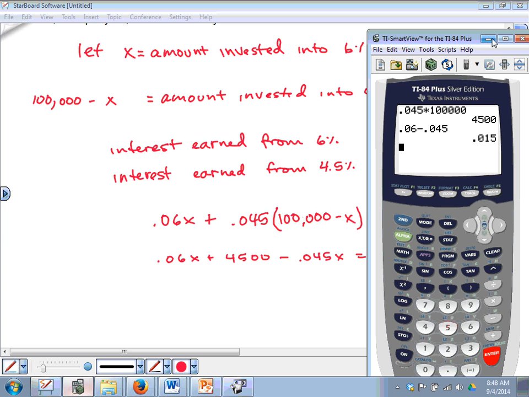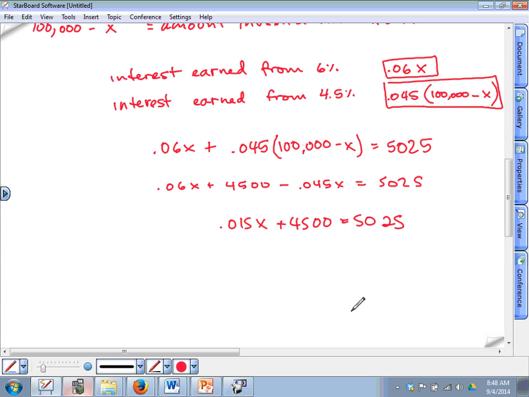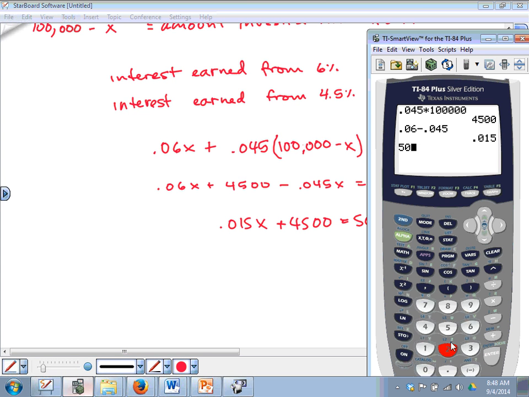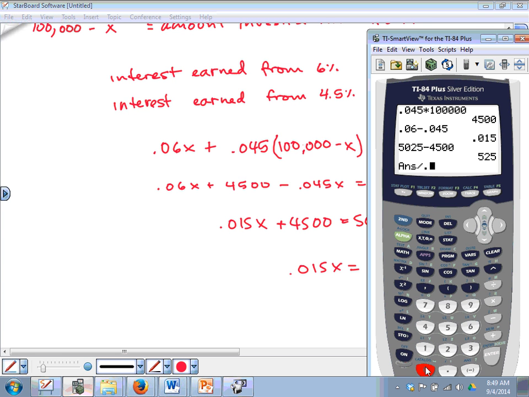It's 0.015. So we have 0.015x plus 4,500 equals 5,025. Subtract, and that's 525. So we have 0.015x equals 525. Then divide by 0.015.